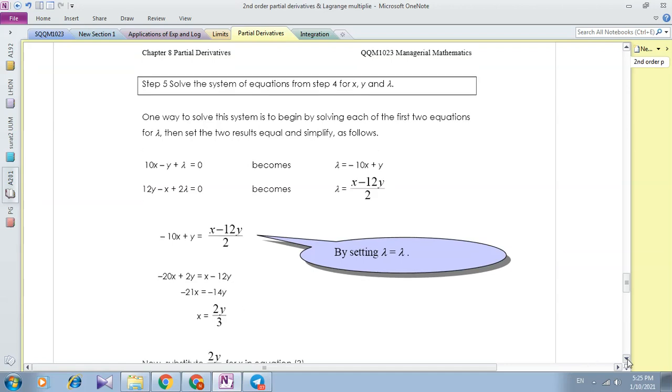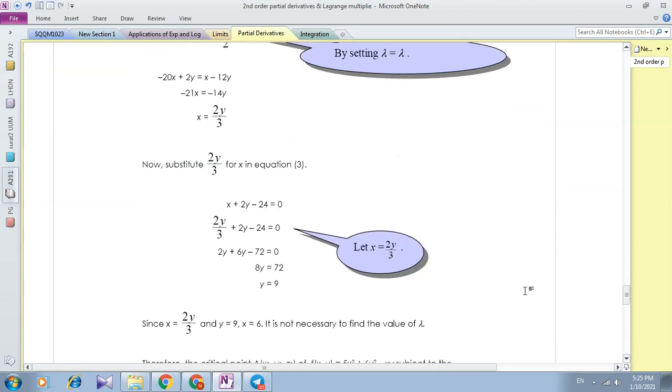Then we will substitute 2y in equation 3, and we are able to find the value of y. Since we already have the value of y, we can simply find the value of x by substituting y equals 9 here.